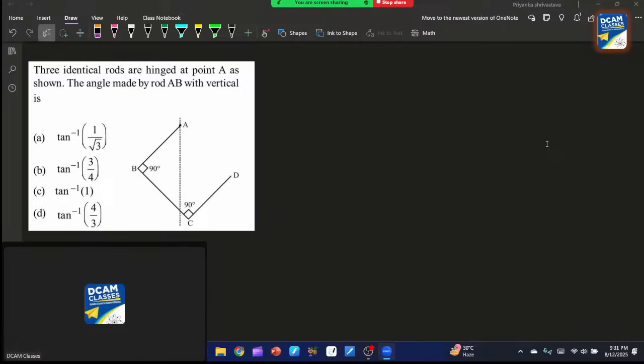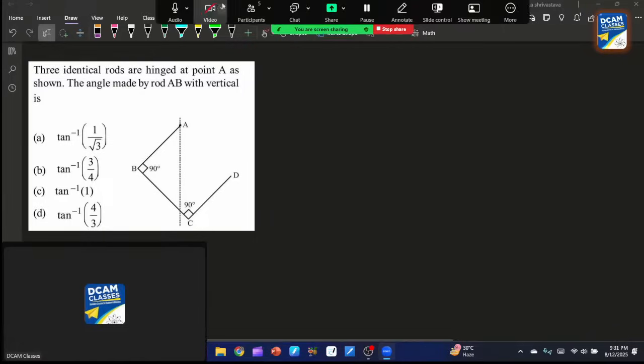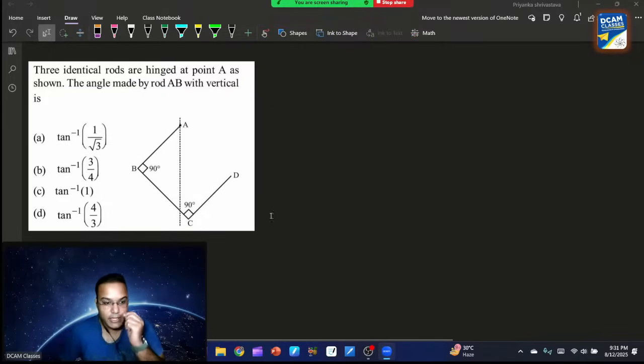Actually, in this, knowledge of torque is also not required. Just the basic idea you should have: what will be the position of equilibrium, and how it will be oriented.